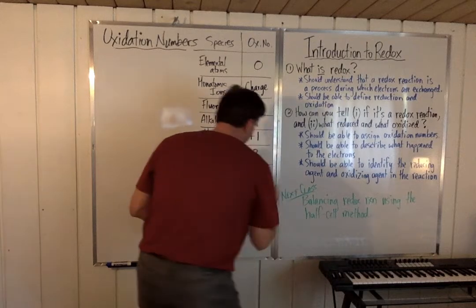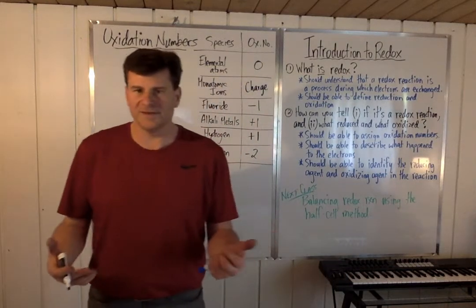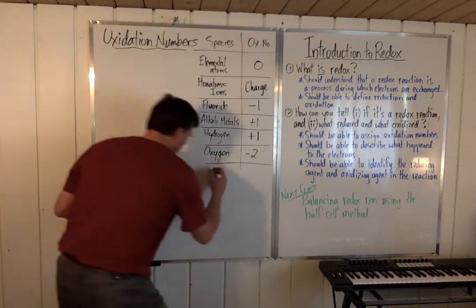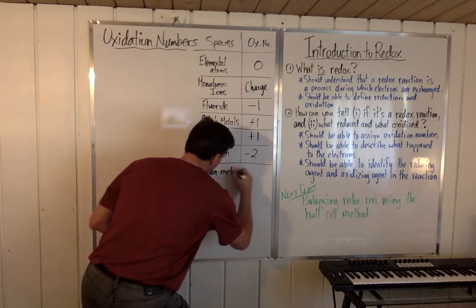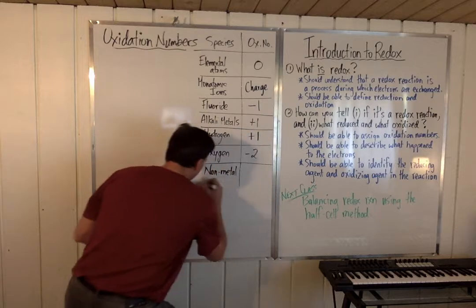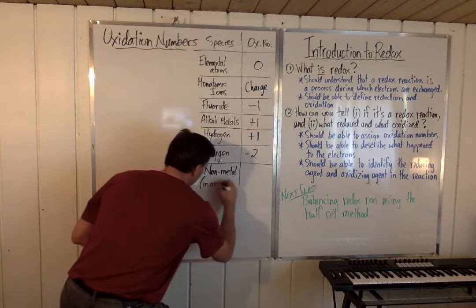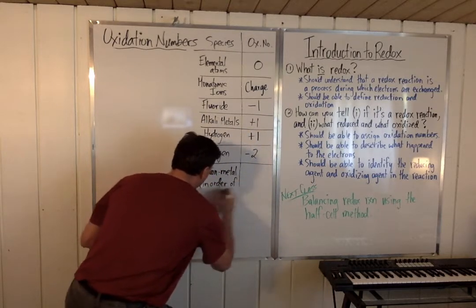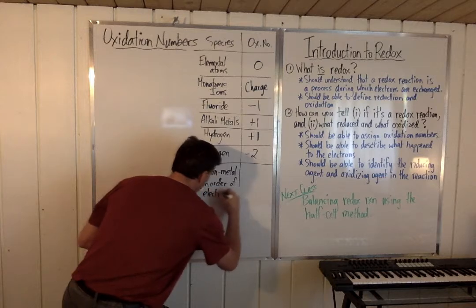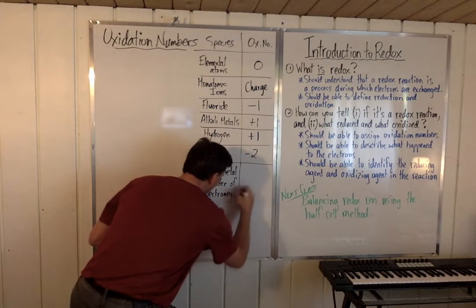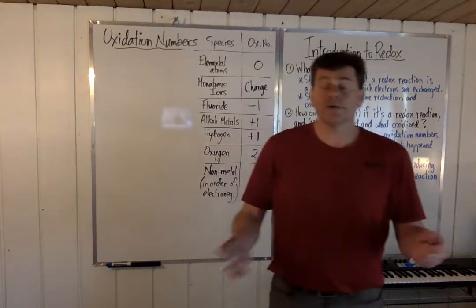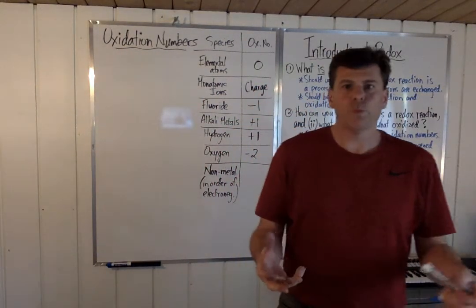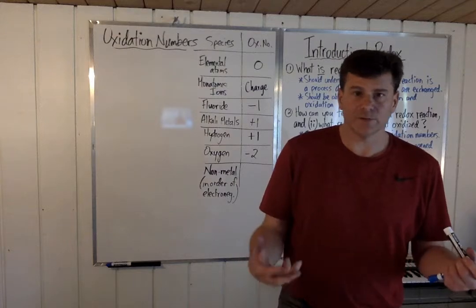Next on the list, and kind of the last thing on the list that we're going to put on here, are nonmetals, in order of electronegativity. Okay, so what order of electronegativity are we talking about?